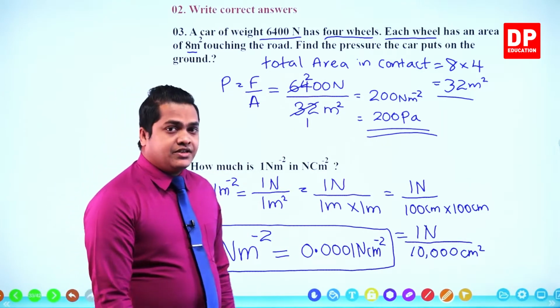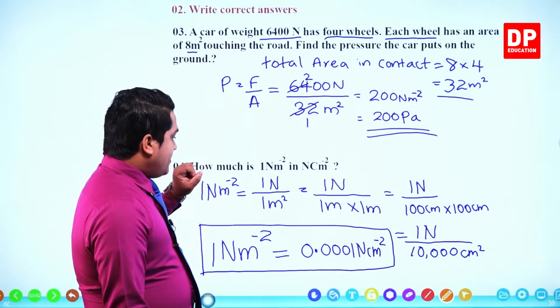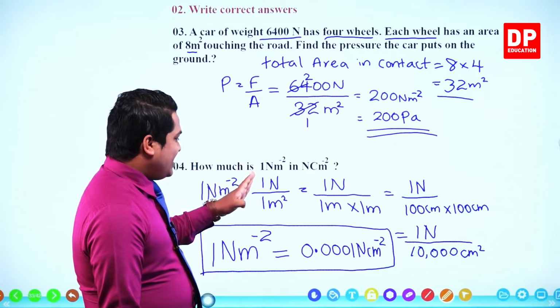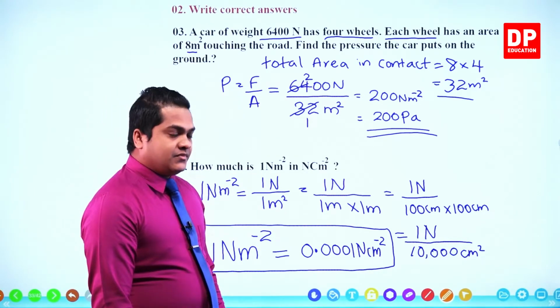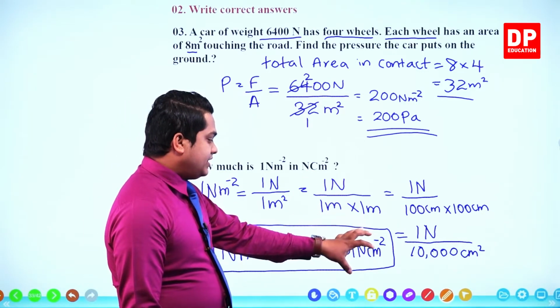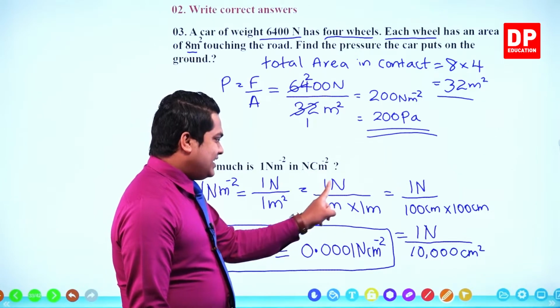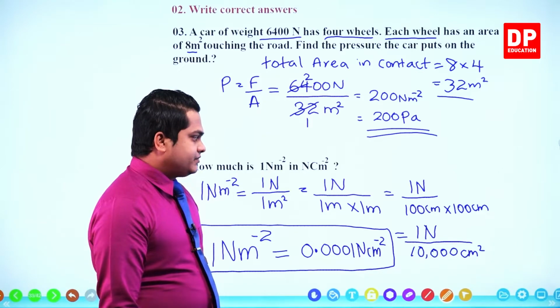See, how did I convert? 1 Newton per square meter is equal to 1 Newton over 1 square meter. Then I divided it into 2 parts as length and breadth. 1 meter into 1 meter creates 1 square meter.